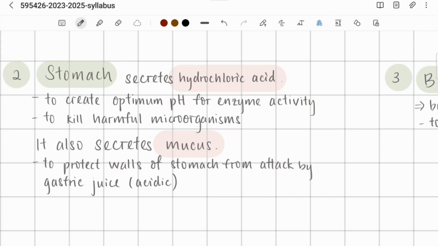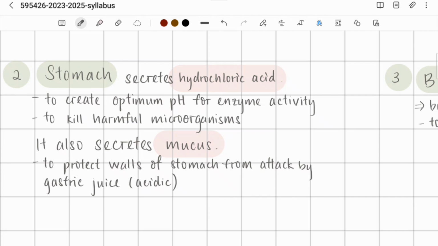Secondly, other than hydrochloric acid, the stomach also secretes mucus. This mucus is to protect the walls of the stomach from attack by gastric juice, which is acidic.